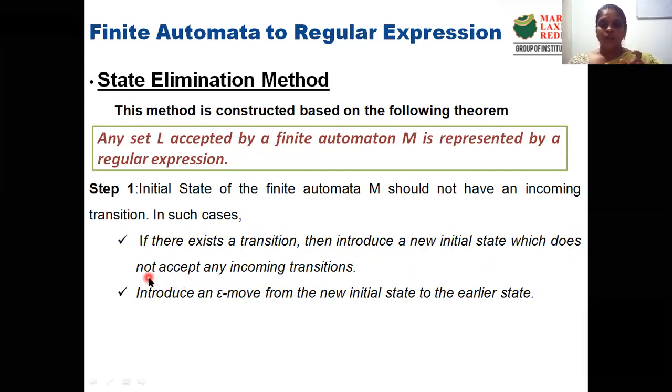The finite automata should consist of only one initial state. So this new initial state will be the initial state, and the earlier state will be connected to it with the help of an epsilon move. That is step 1.